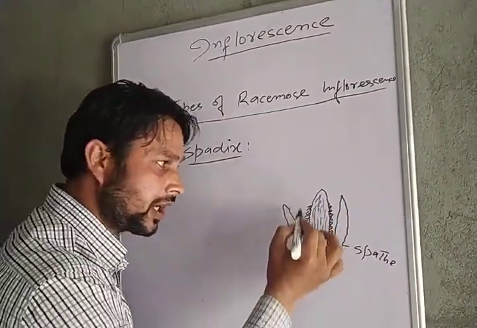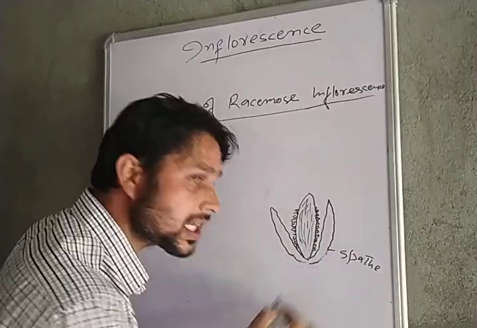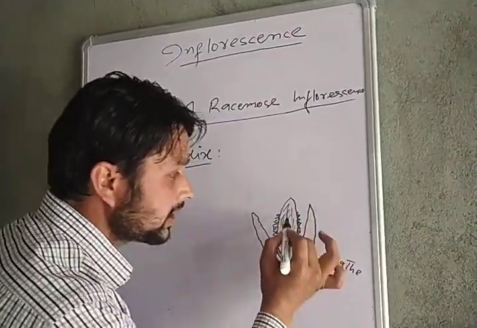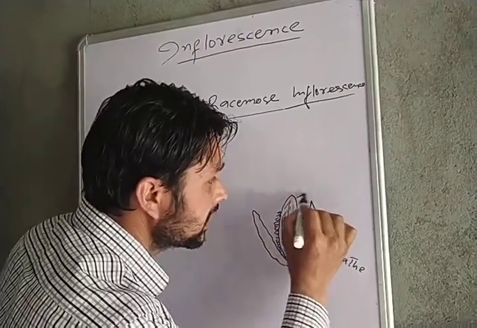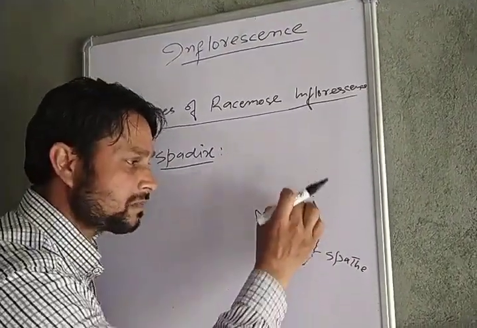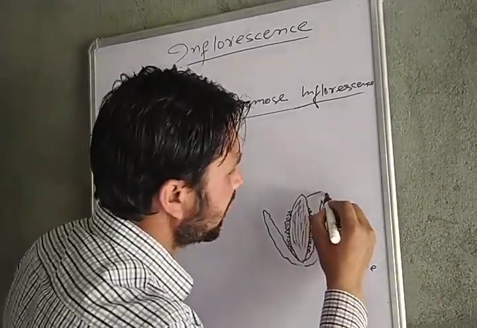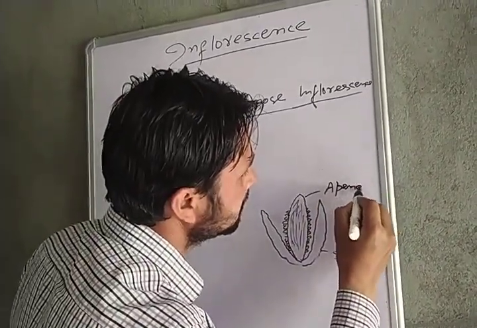And this fleshy peduncle possesses these sessile flowers, a large number of sessile flowers, but the tip is sterile. The tip of this fleshy peduncle is sterile and is known as appendix.